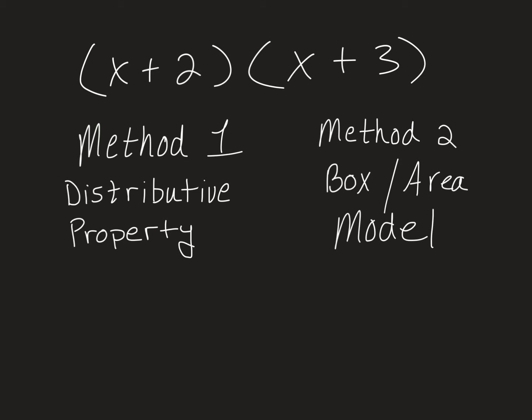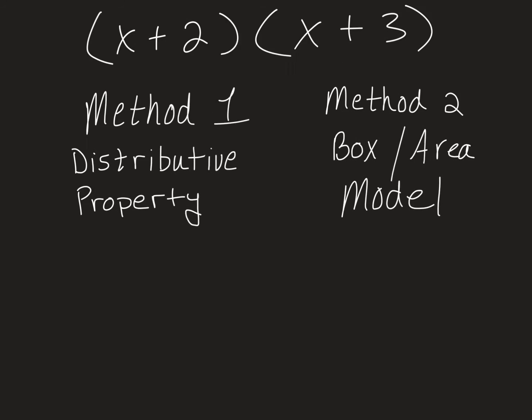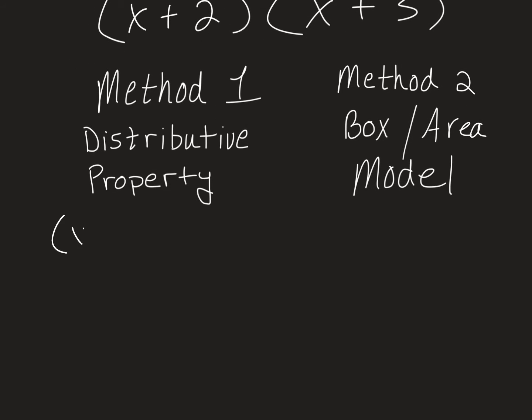So the two methods that we used previously in class are method number 1, which is going to be distributive property, and method number 2, which is box, also known as the area model. So I'm going to focus on the distributive property first. So I'm going to rewrite the problem here.